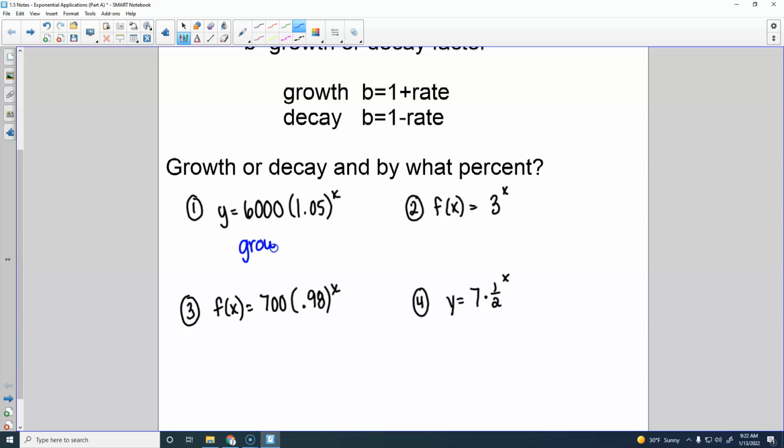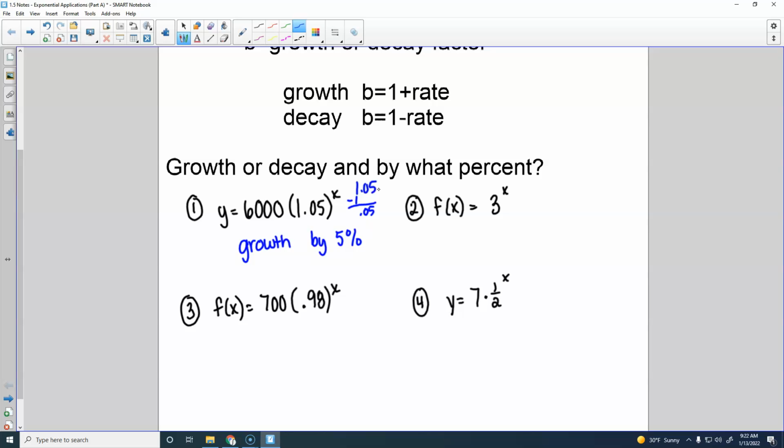And I know that because 1.05 is bigger than 1. So it means we took 1 and we added something to it, right? What percent is it growing by? It is growing by 5%. Because if I take that 1.05, I subtract the 1, I get 0.05. And if I move my decimal 2 places, that's 5%.